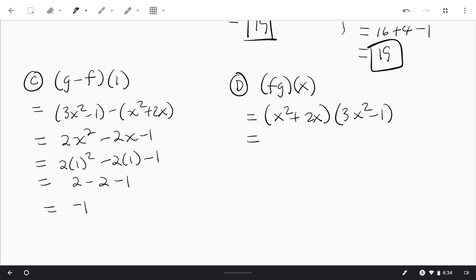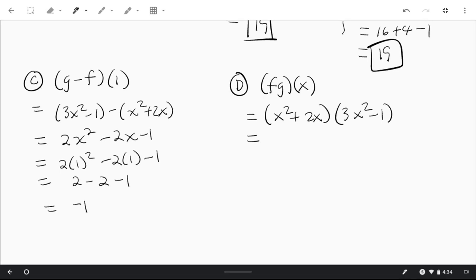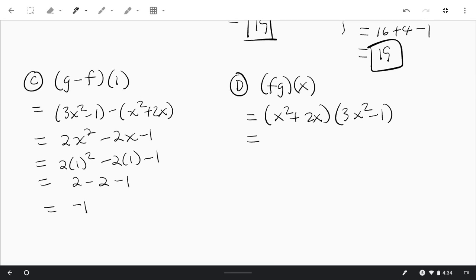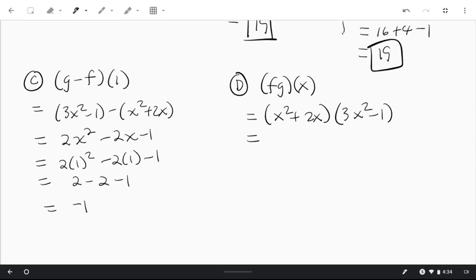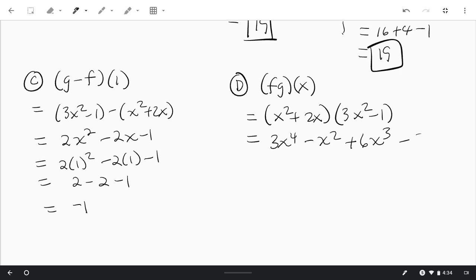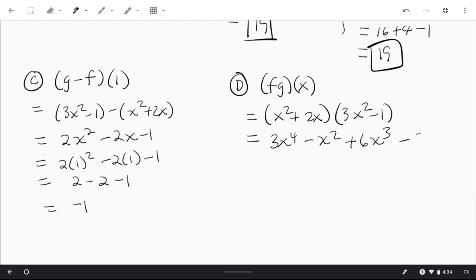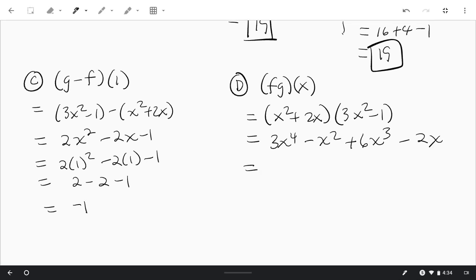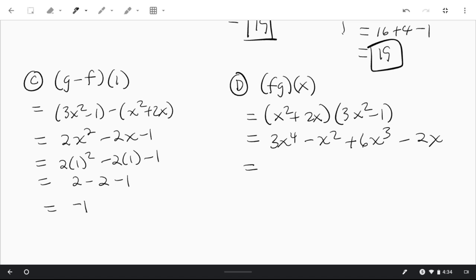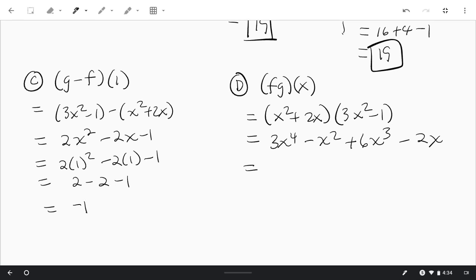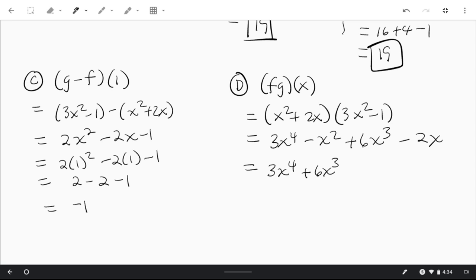Then I get 3x to the fourth minus x squared plus 6x cubed minus 2x. I like to have them in descending order, so I start with the highest exponent, 3x to the fourth, plus 6x cubed, minus x squared, and minus 2x.